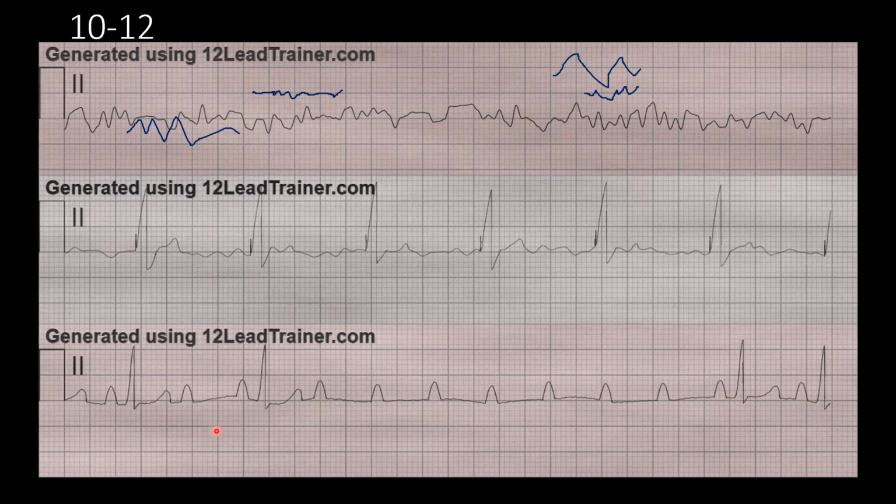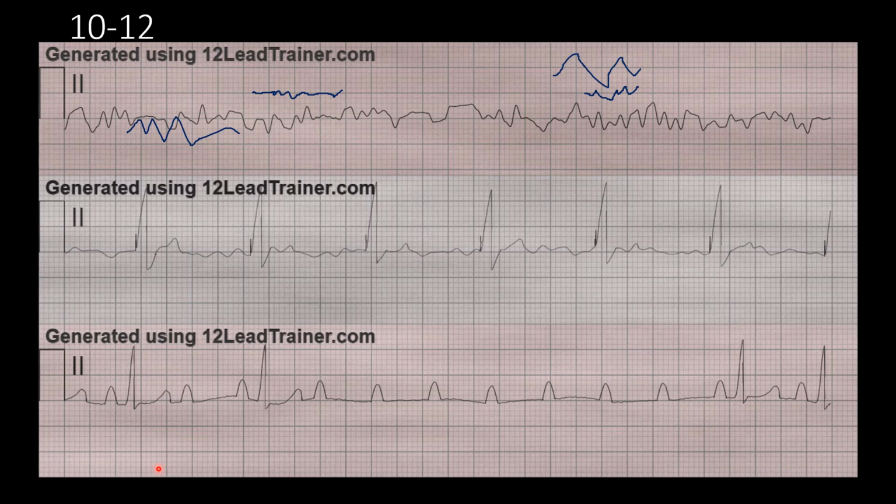So consistent QRS, PRI, our QRS is within normal range at about 0.08. So the only abnormal thing is all these P waves here that don't generate a QRS, but all the ones that do have QRSs have a consistent PRI.